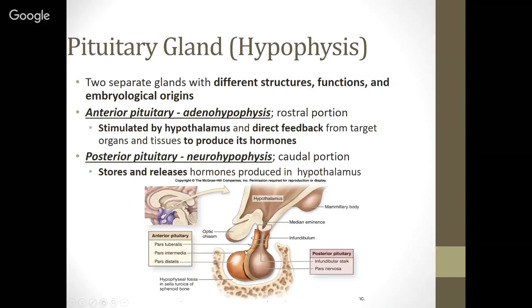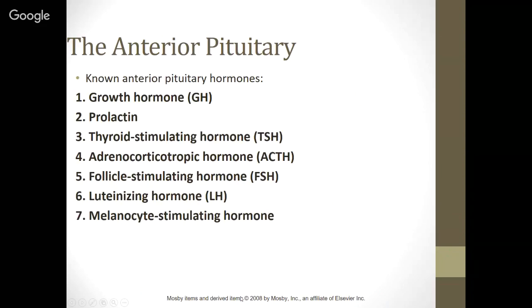We're also going to have you remember the 7 hormones that live in the anterior pituitary. And this is what they are: growth hormone, prolactin, thyroid stimulating hormone, adrenocorticotropic hormone, follicle-stimulating hormone, luteinizing hormone, and melanocyte-stimulating hormone.